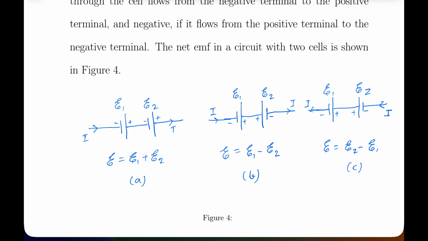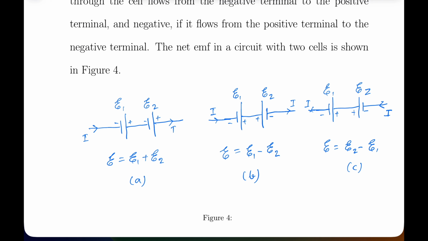Current flows from the negative plate of this cell to the positive plate, and in the second cell also it flows from the negative plate to the positive plate. So both E1 and E2 are taken to be positive, and the net EMF of these 2 cells is equal to E1 plus E2.